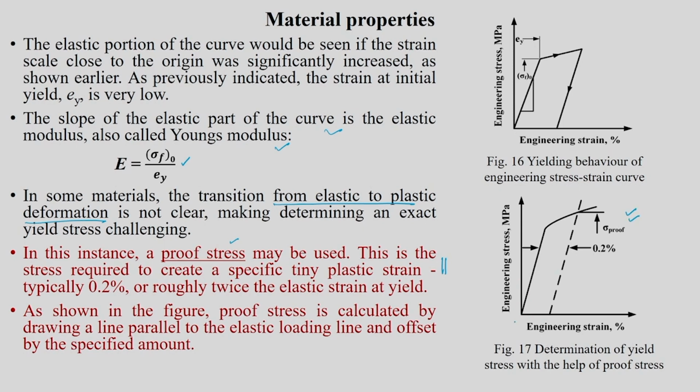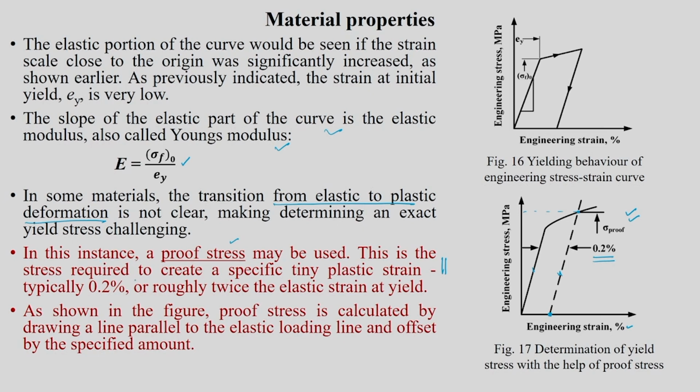You will see that in the engineering strain x axis you pick up 0.2% strain, assuming that engineering strain is given in percentage. You pick up a 0.2% strain, and then you draw a line parallel to the elastic part. So, wherever it is going to hit the curve, the corresponding one, you can call it as sigma y.